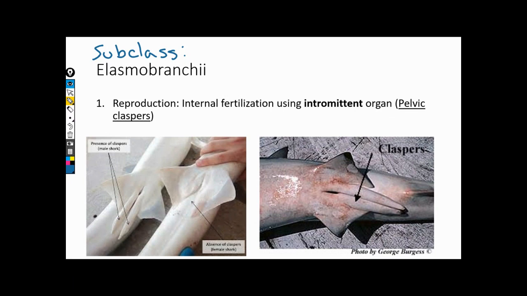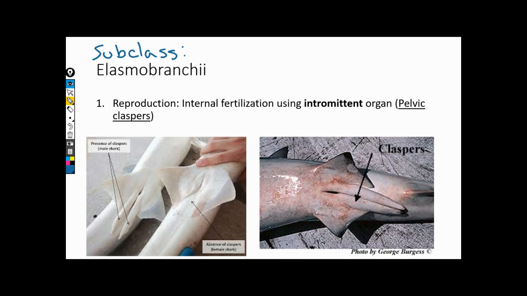If we imagine fish, we tend to imagine some sort of external fertilization. But remember here, we know they largely do internal, thanks to this clasper system, which was one of the first ones we encountered.